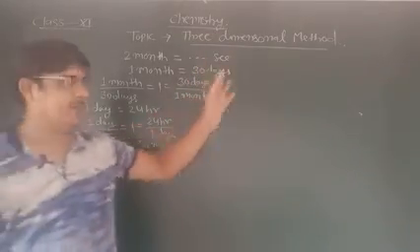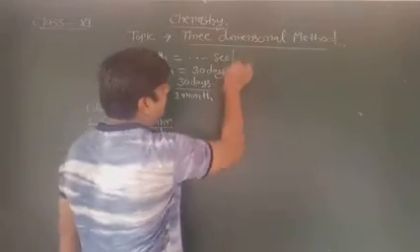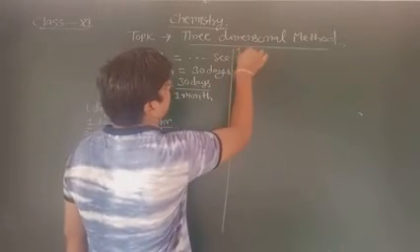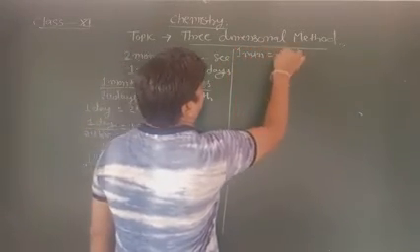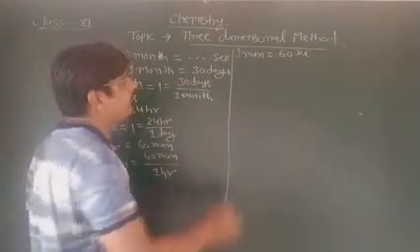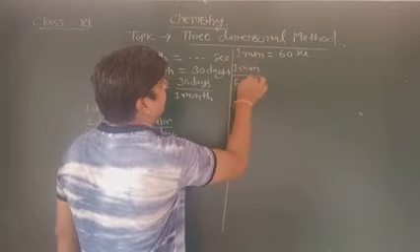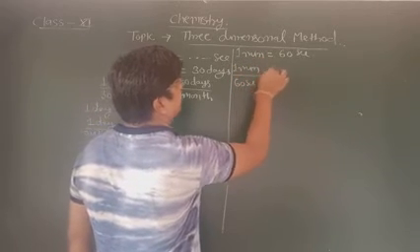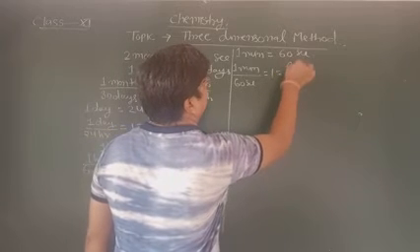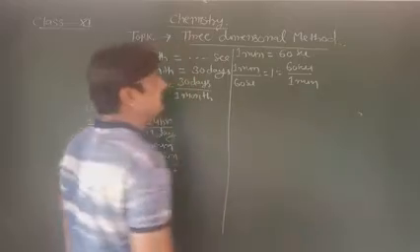In the last, 1 minute is equal to 60 seconds, so 1 minute upon 60 seconds is equal to 1, which is equal to 60 seconds upon 1 minute.